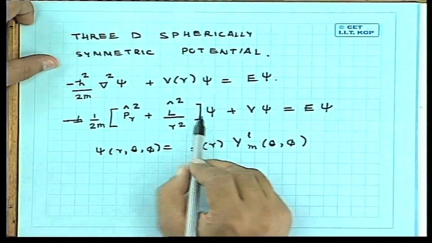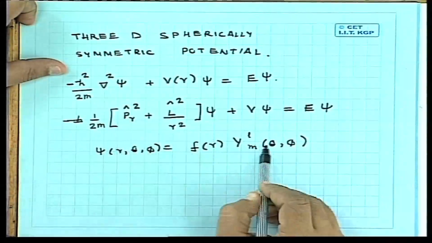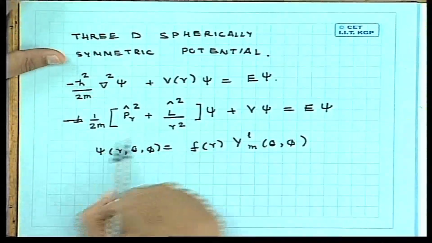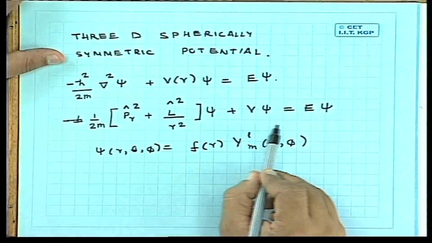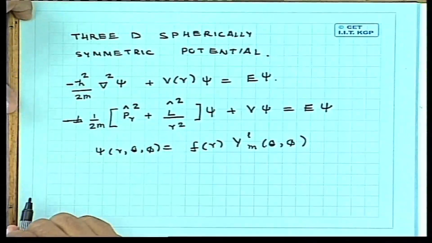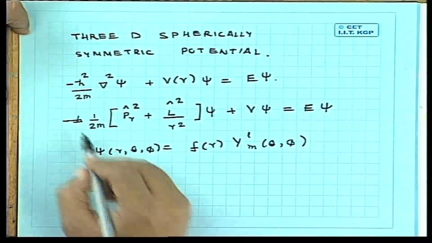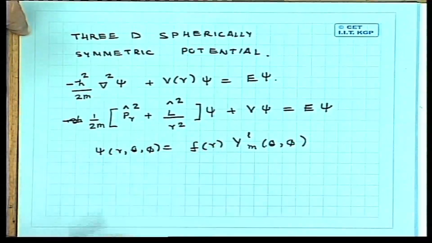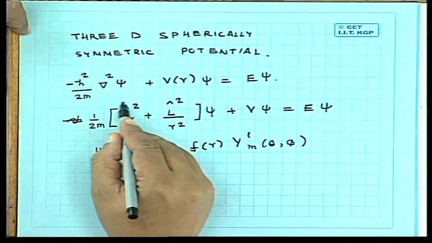When L squared acted on the spherical harmonics, it gave us l into l plus 1 h cross square. So we are going to be left with an equation for F(r).